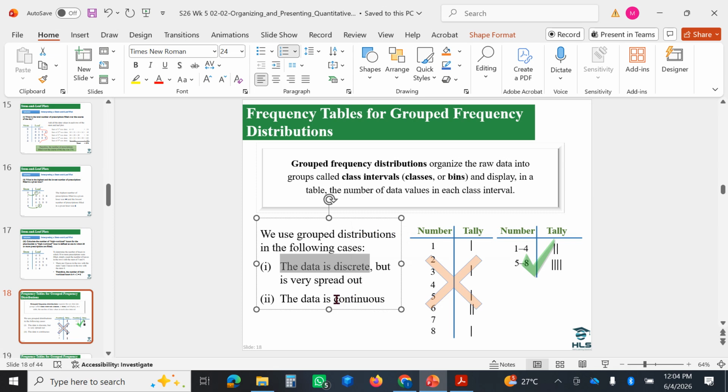The data is continuous. All right. And you see now, if we take the same data and organize it into here, can you see how this is a little bit better than that? And how so? Well, out of all this data, whatever we're talking about, bananas, number of peaches, batteries, it doesn't matter.